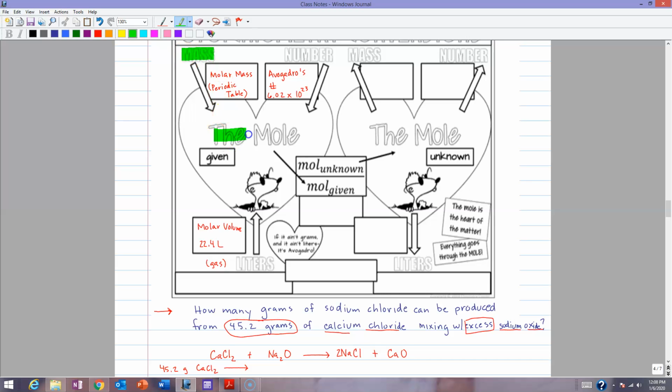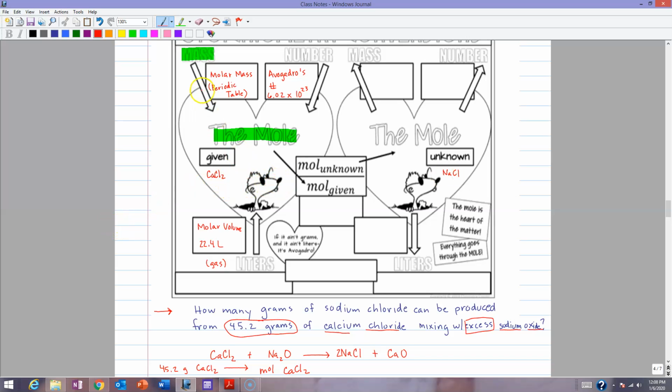And I have to convert to moles. So I'm in mass, and I'm going to have to first convert to moles of calcium chloride. Once I'm in moles, I can cross over to my unknown. My known in this case is calcium chloride because I know how many grams of calcium chloride. My unknown is what I'm trying to find out, and I'm trying to find out sodium chloride.